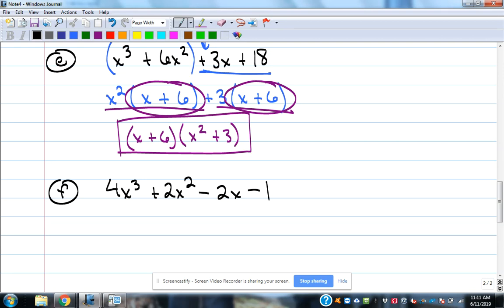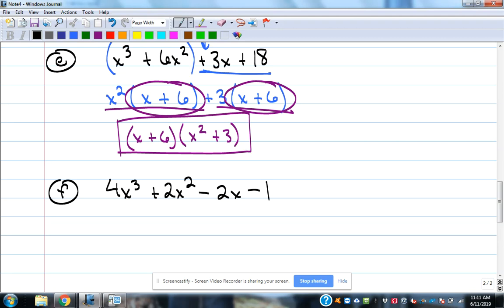Descending order. And is this one in descending order? Yeah, it's ready to go. Because it's in descending order, I can go ahead and look for my greatest common factor across the entire problem. This one has a lot of the same problems that example E had. 3 of the 4 have an even number in the front, but the 1 doesn't. 3 of the 4 have an X, but the 1 doesn't. So it doesn't have a GCF. That's okay. Doesn't always have one.